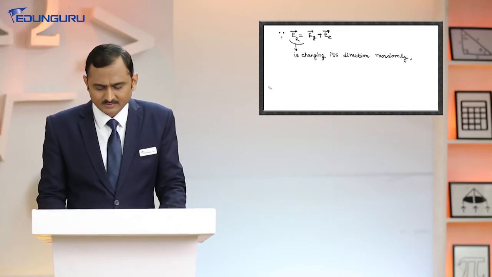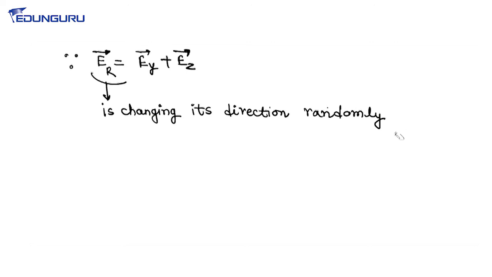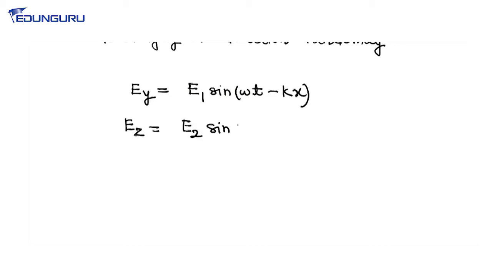Since Er is changing its direction randomly, we can take this fact into consideration by writing the components as Ey equals E1 sine of omega t minus kx, and Ez equals E2 sine of omega t minus kx plus phi.